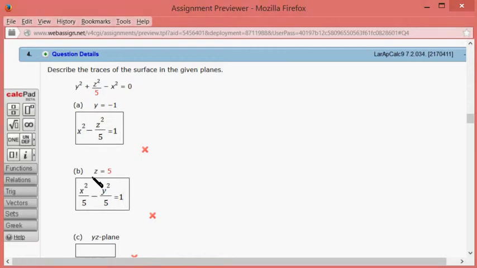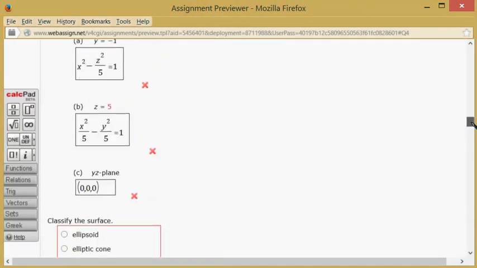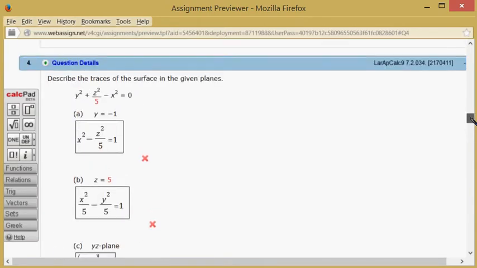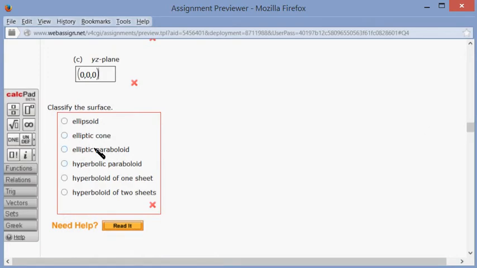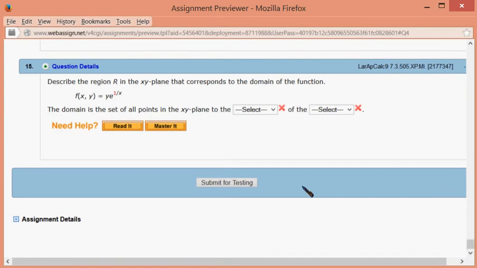And the last one, part C, was (0, 0, 0). Let's see if this is correct. I'll also answer this one: the right-hand side is 0, so it's an elliptic cone. Let's check the answer.